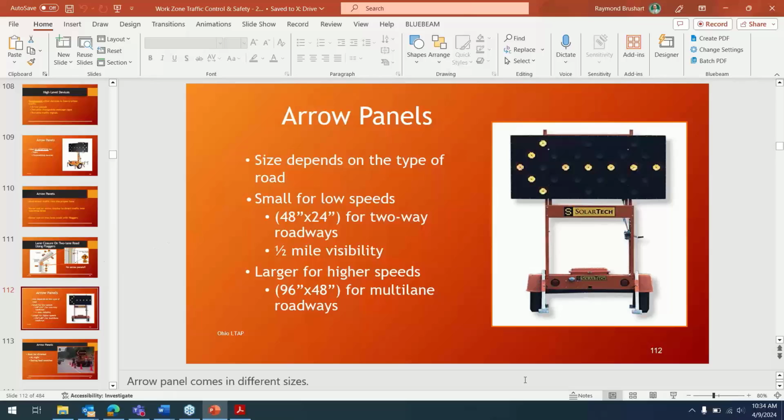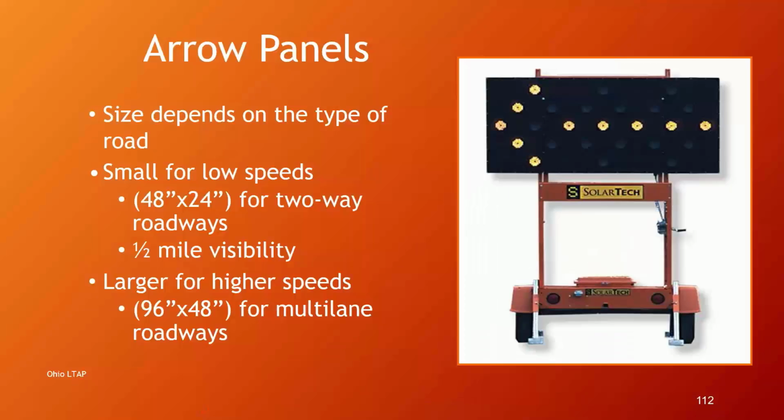Okay, so there are different sizes of arrow panels. For low speeds, you can use the 4-foot by 2-foot. Again, the lights on an arrow panel are high intensity, so they can be seen from a half mile away. And then for higher speeds and multi-lane roads, 96 by 48 inch.